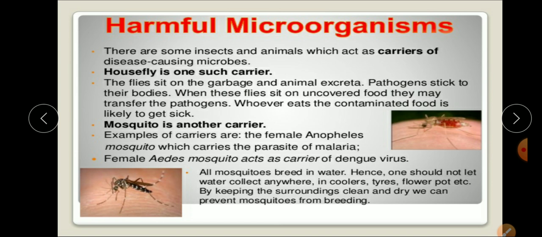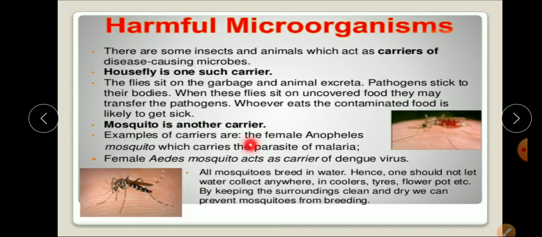With the pathogens, and those flies when sit on the uncovered food, they may transfer the pathogens to the food, and whoever eats the contaminated food is likely to get sick. It is natural, right? Next is mosquito is another carrier.